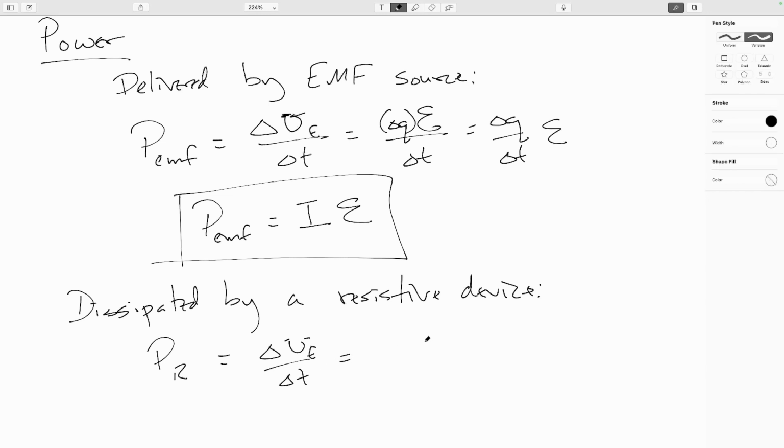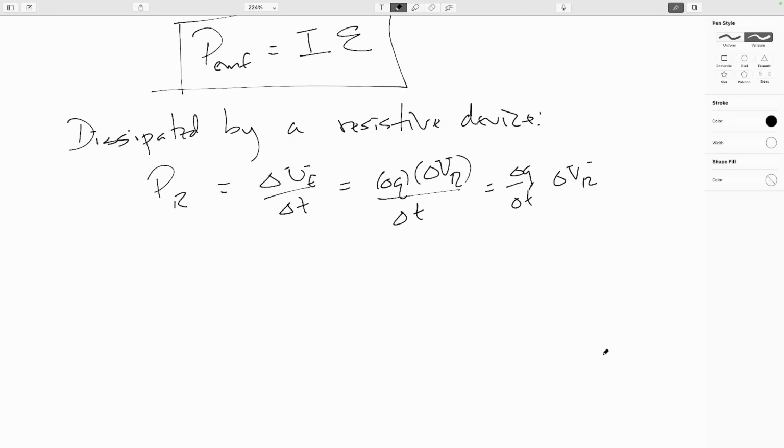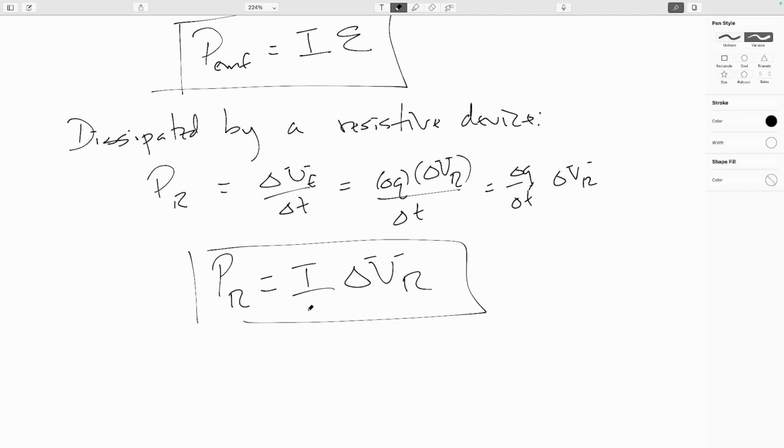That will be the voltage difference across the resistor, and we will have moved some amount of charge, delta Q, in that time, delta T. Same logic, delta Q over delta T times our voltage difference. So the power dissipated by a resistor will be the product of the current through the resistor times the voltage across the resistor.